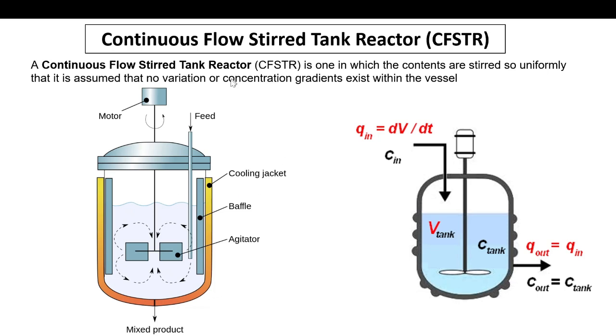This will be possible only when this continuous flow stirred tank reactor is present. It is actually possible theoretically, but somewhere it may also deviate, because theoretically it is ideal, but there can be minute fluctuations which can happen.